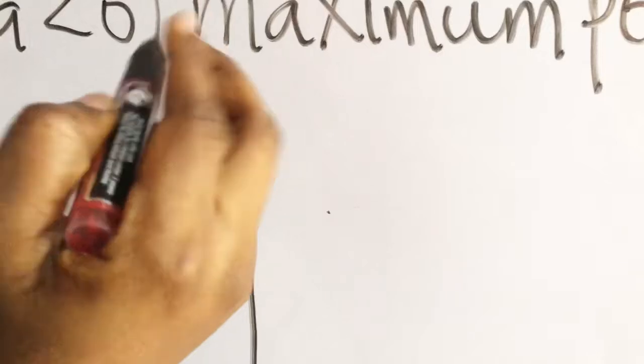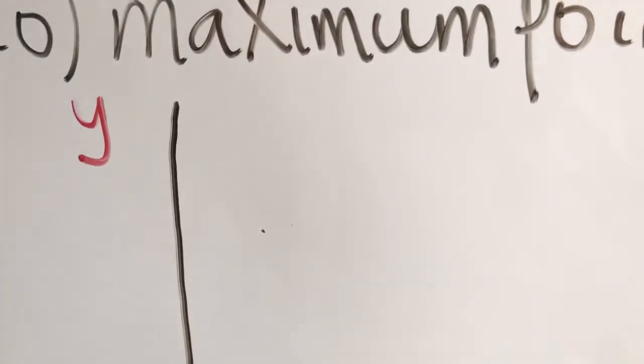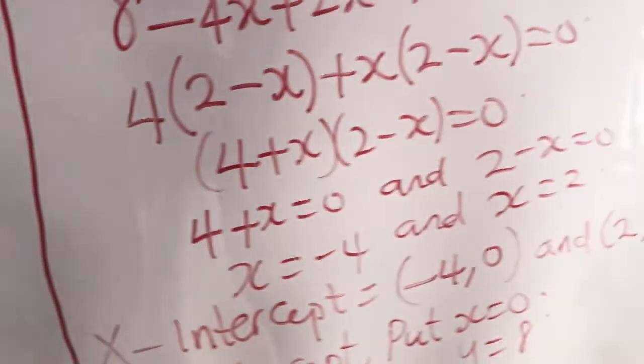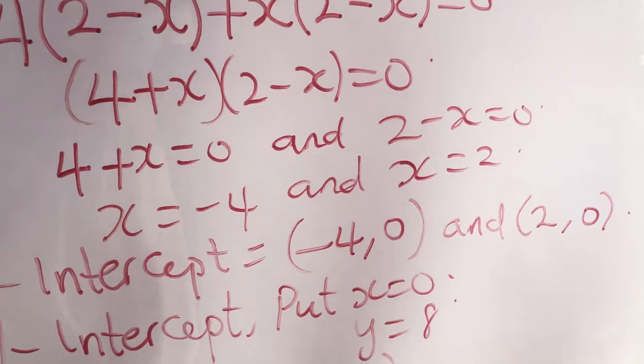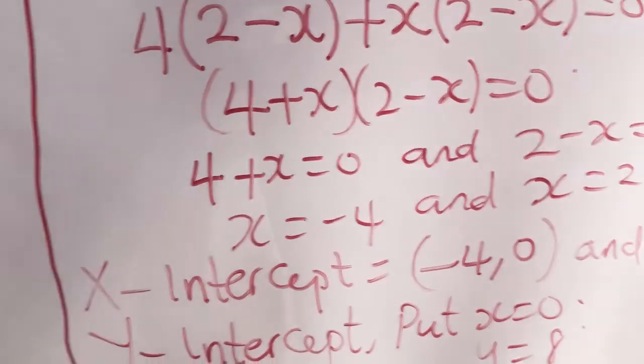Here is the positive y-axis. Here is the positive x-axis. Here is the negative x-axis. And here is the negative y-axis. So let's start from the x-intercepts. When x is equal to minus 4, y is equal to 0, so it will be somewhere around this place.